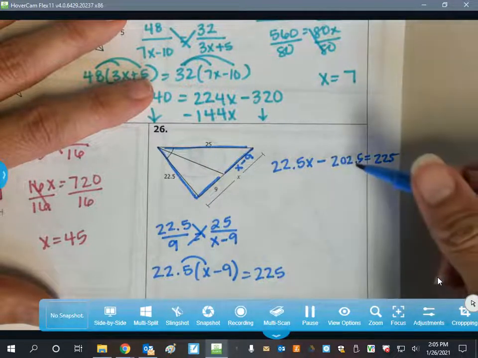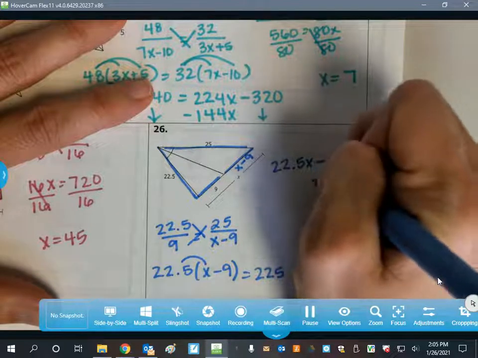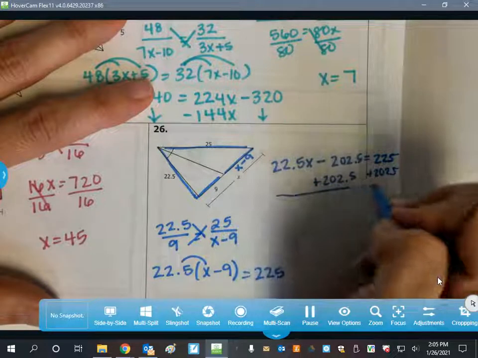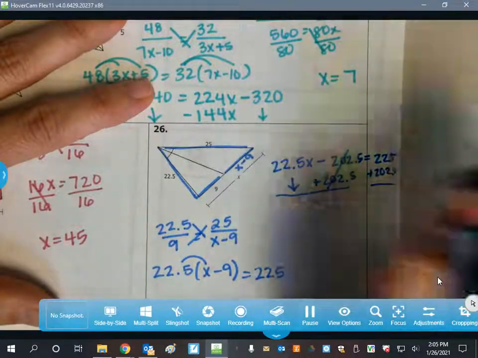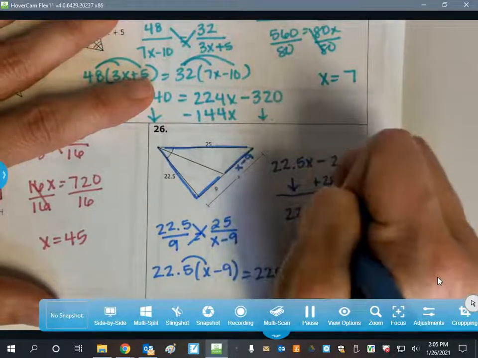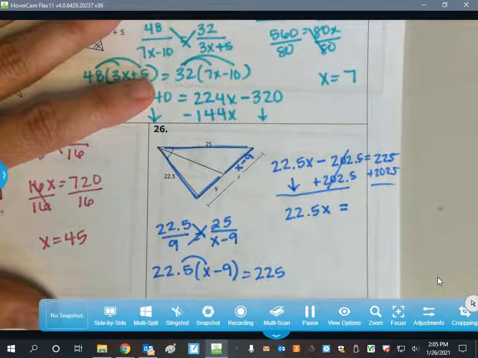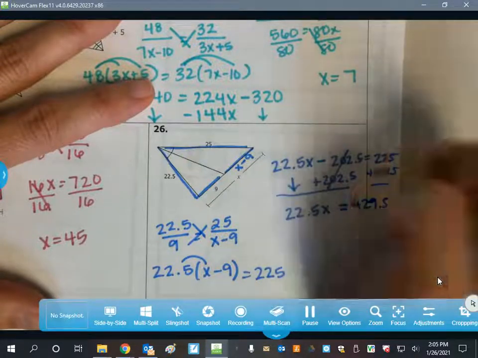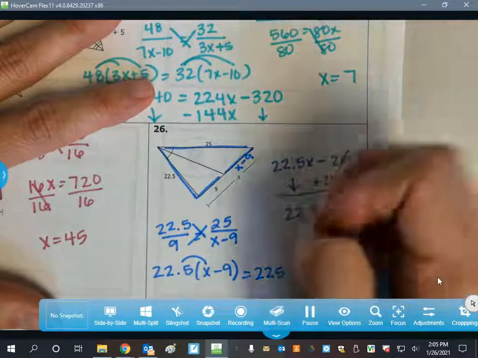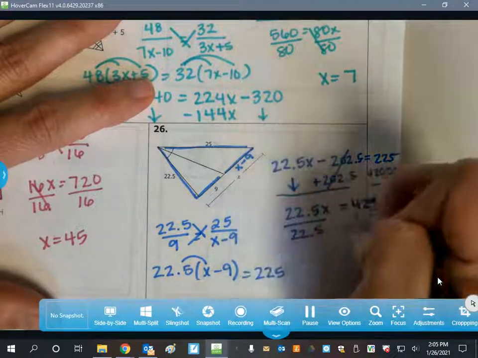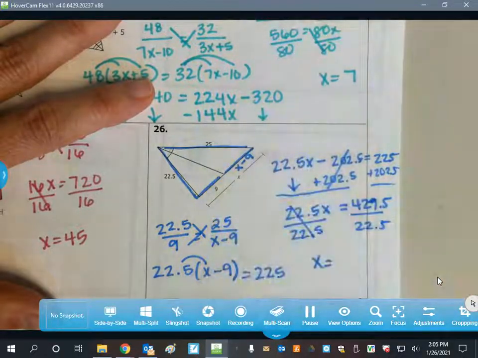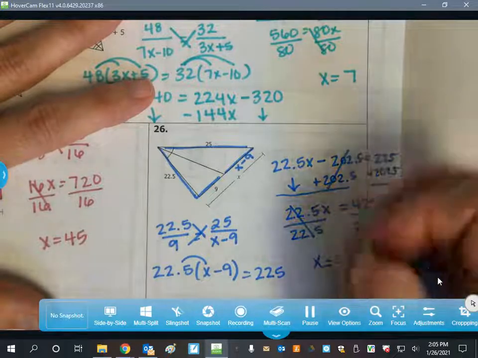I'm going to add 202.5 to both sides. 22.5x comes down, equals 225 plus 202.5 is 427.5. Divide by 22.5. And x equals 19.